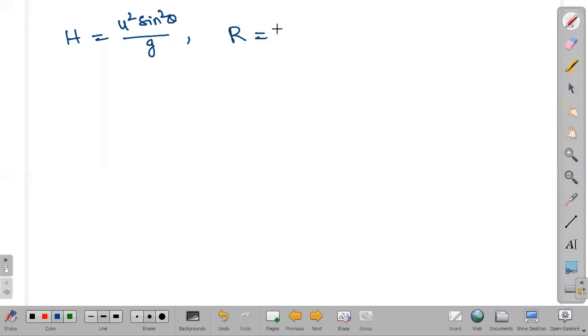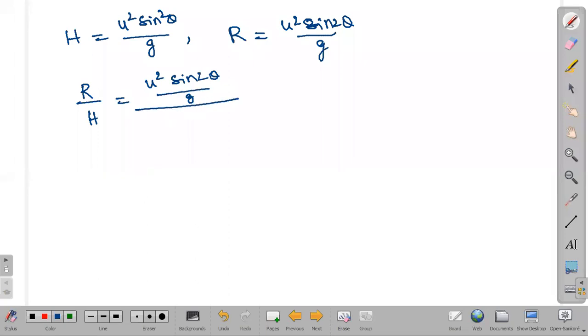R we have u square sine 2 theta by g, right? This already we derived. Now if I take the ratio of both of them, R by H, what is R? u square sine 2 theta by g, divided by u square sine square theta by g. So this g will cancel out, u squares also will cancel out.